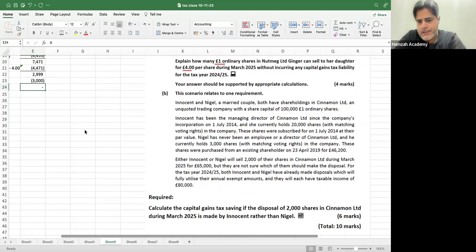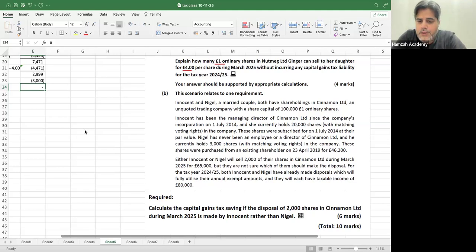Innocent has been the managing director of Cinnamon Limited since the company's incorporation on 1st July 2014, and she currently holds 20,000 shares with matching voting rights in the company. These shares were subscribed for on 1st July 2014 at their par value.